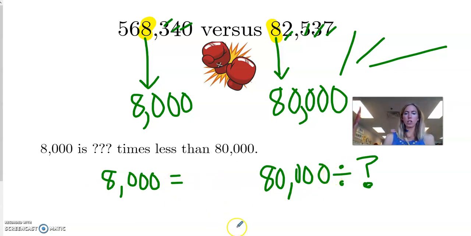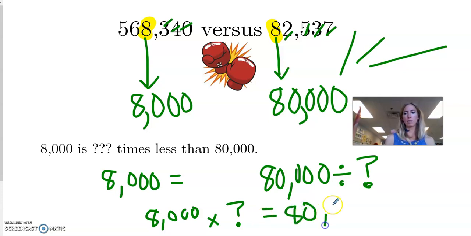So I have to think in terms of multiplication. What does this problem actually mean? It means, if I think backwards, 8,000, right here, times what, that's right here, will give you 80,000. So we can actually think of it as a multiplication problem.